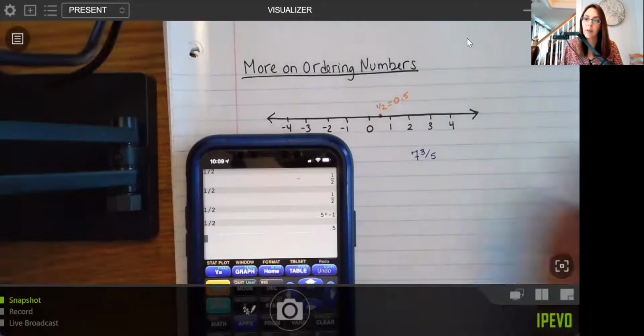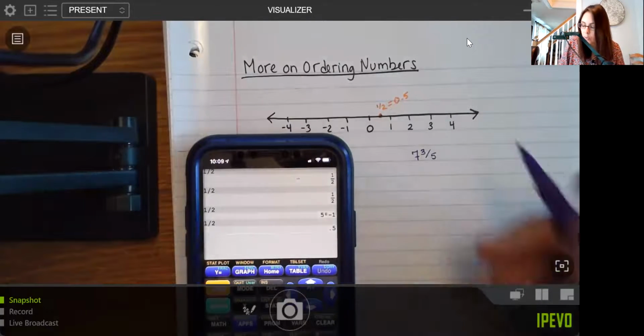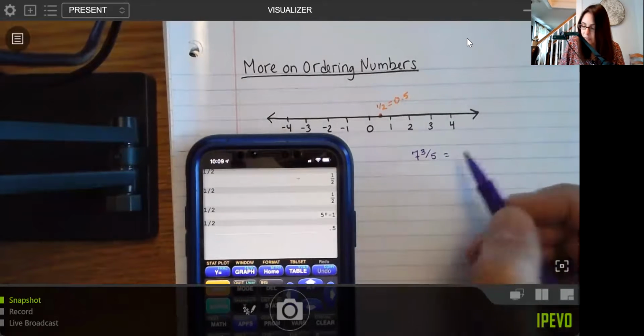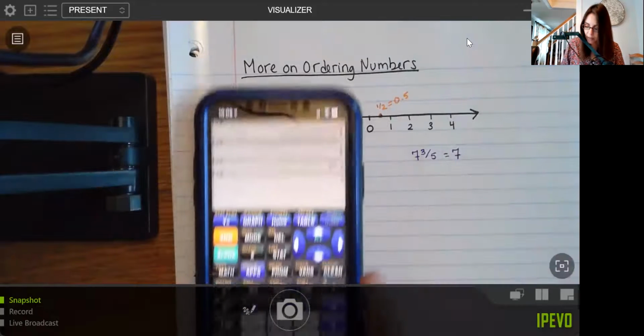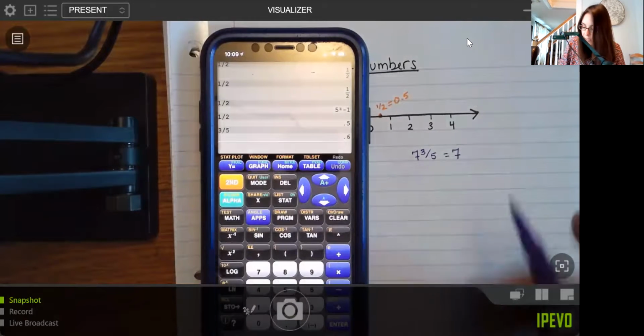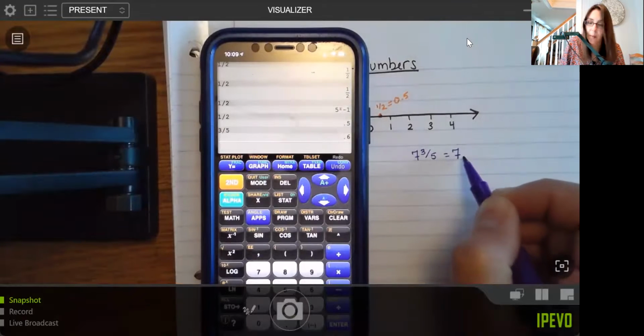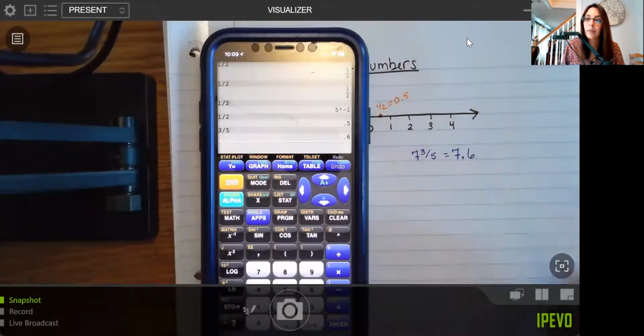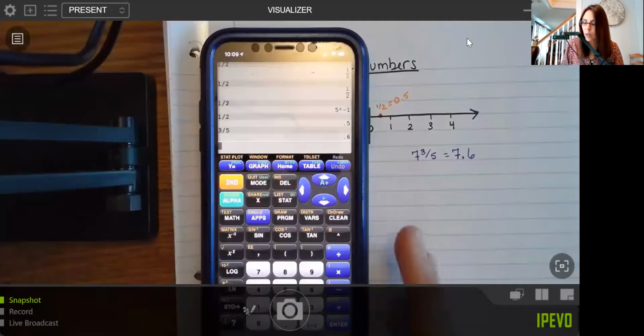Now I know this is off my number line. I'm just doing an example here. So what you can do, again, using your calculator, is you leave the 7, and then if you just type in 3 divided by 5, you can get that decimal equivalent. So I can just tag on that 0.6. So just kind of an easy way if you're having trouble, like I said, figuring out where these values go.